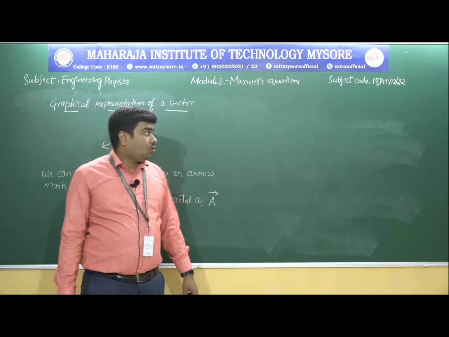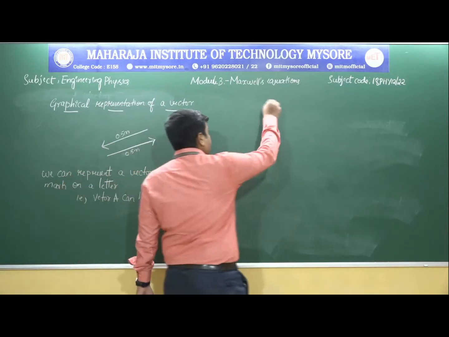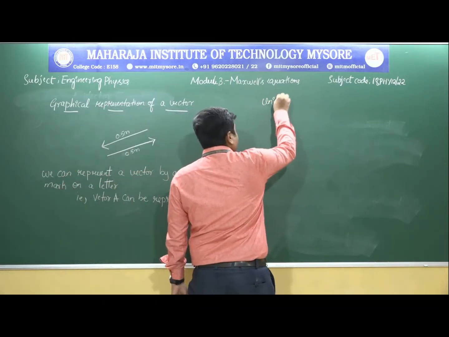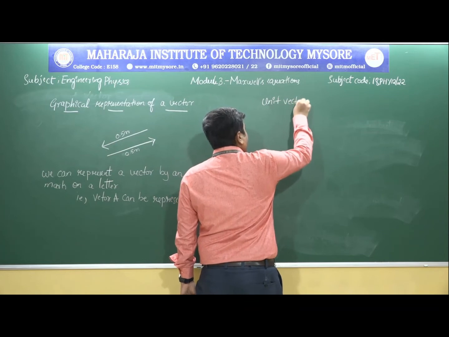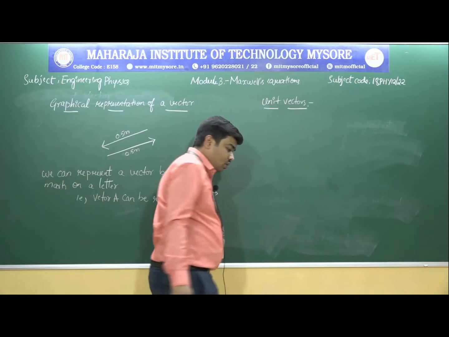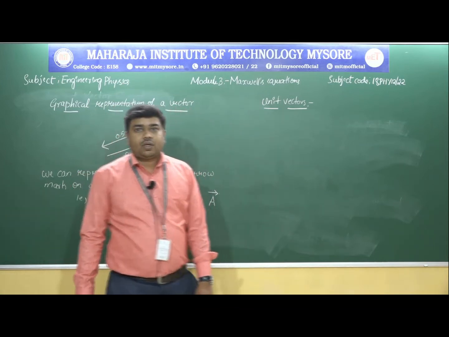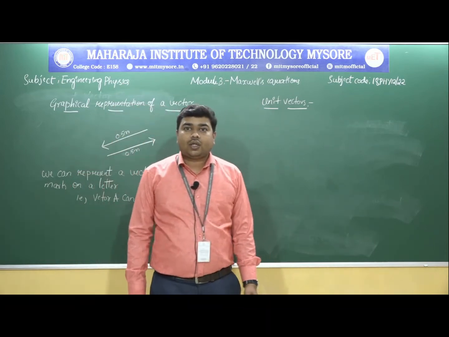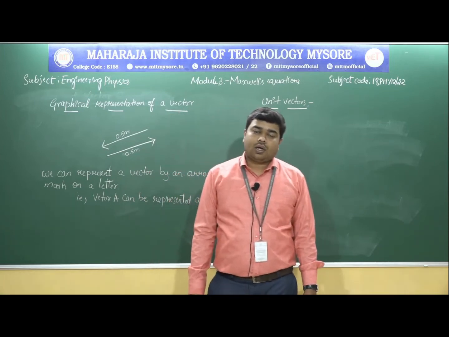Next, we will define a unit vector. What is meant by a unit vector? A vector whose magnitude is unity is called a unit vector.